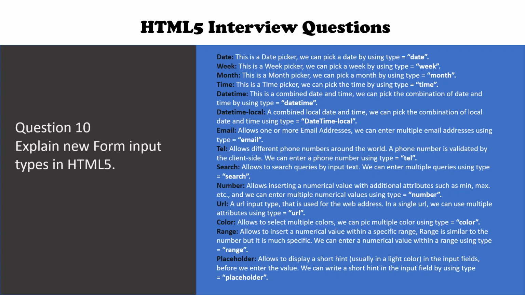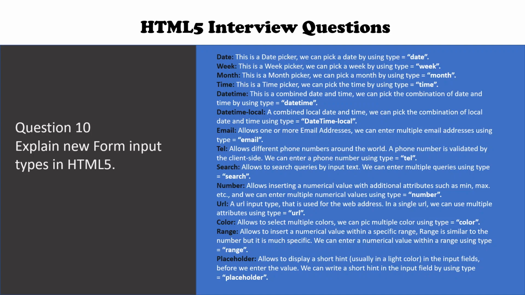Number. It allows inserting a numerical value with additional attributes such as min, max, etc. And we can enter numerical values using type equal to number. URL. A URL input type that is used for the web address. In a single URL field, you can use multiple attributes using type equal to URL. Next is color.